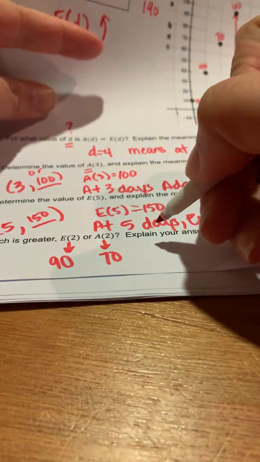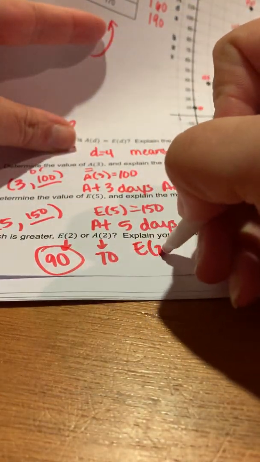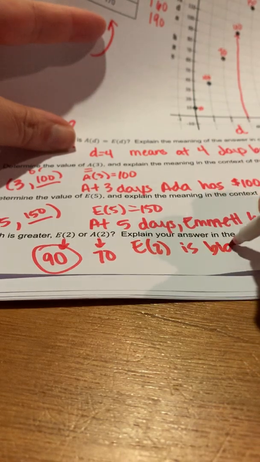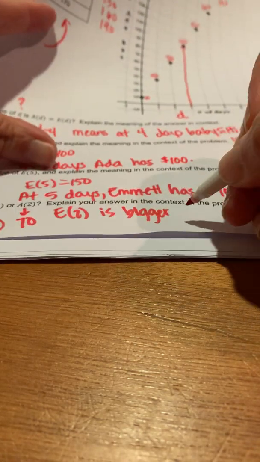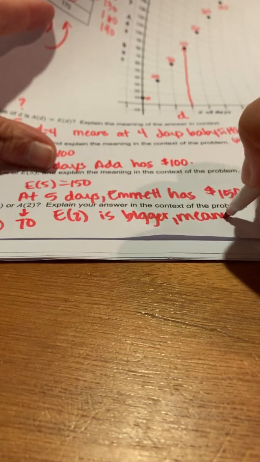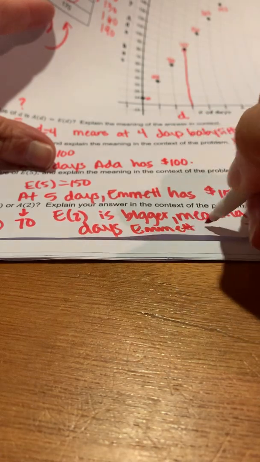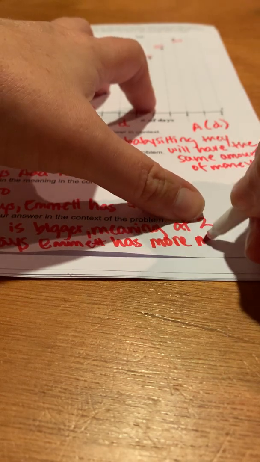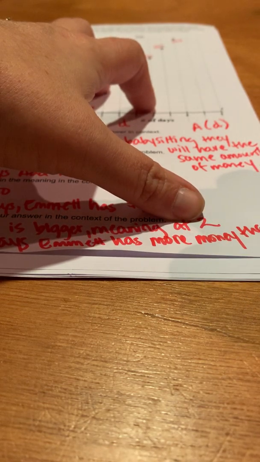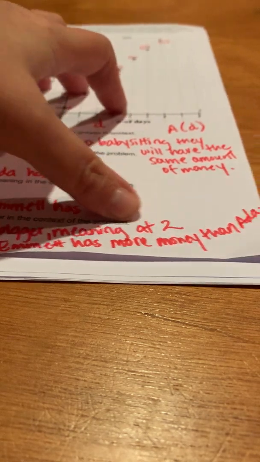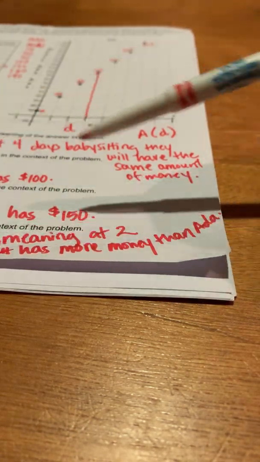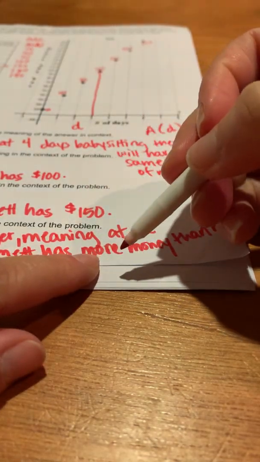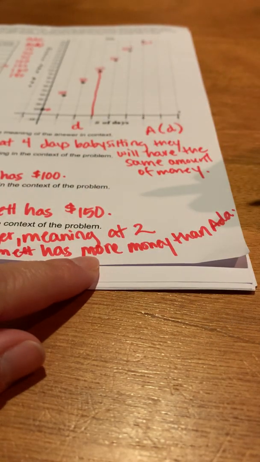And we know, looking at just the numbers, E of 2 is bigger, meaning at 2 days, Emmett has more money than Ada. Or you can say at 2 days, Emmett has $90, which is more than Ada has at $70.